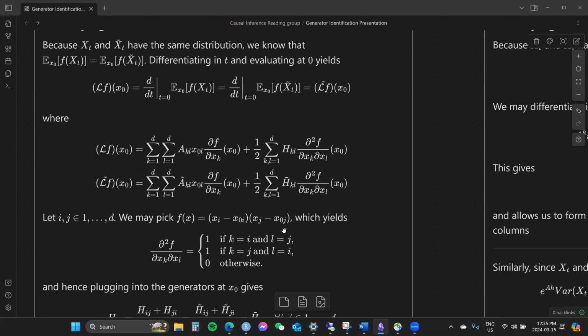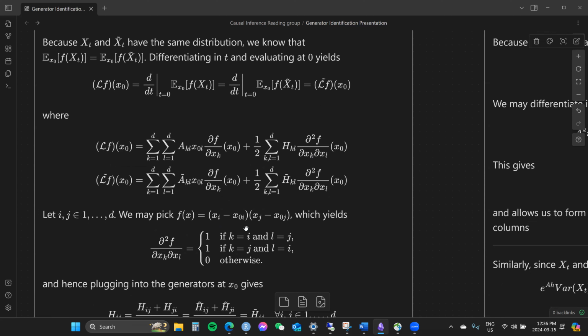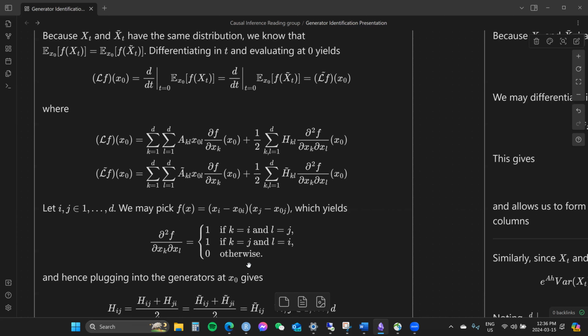You can pick this one in particular, where, if you have d different dimensions and you want to isolate i and j, you can just do a parabola. And what this will cause is everything in the second sum will either be 1 or 0, and it'll only be 1 for the i and j terms.